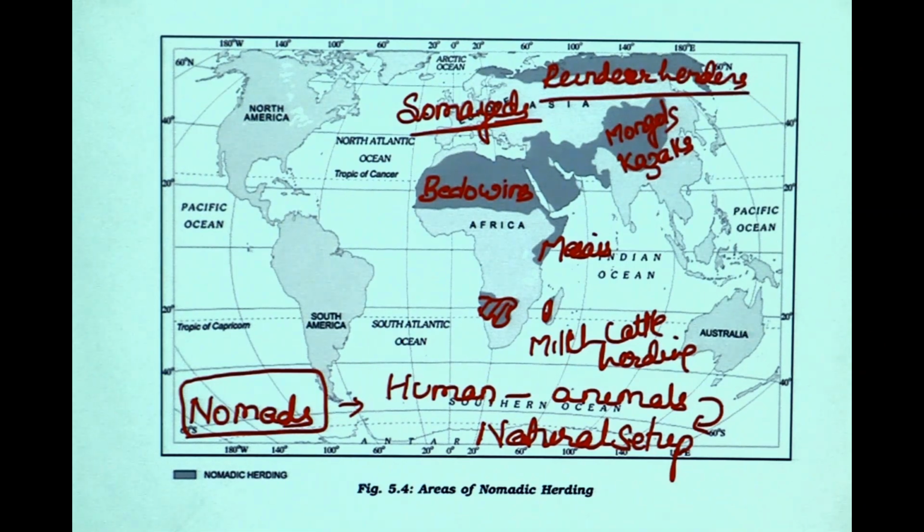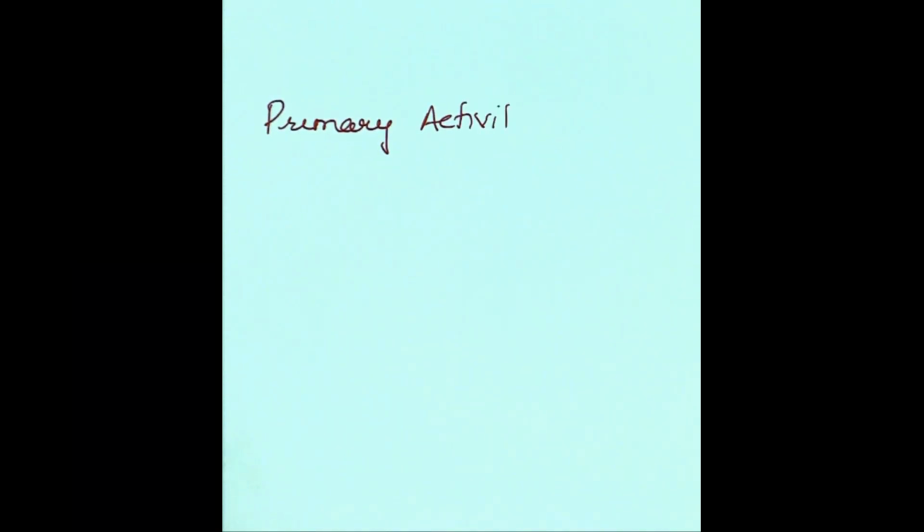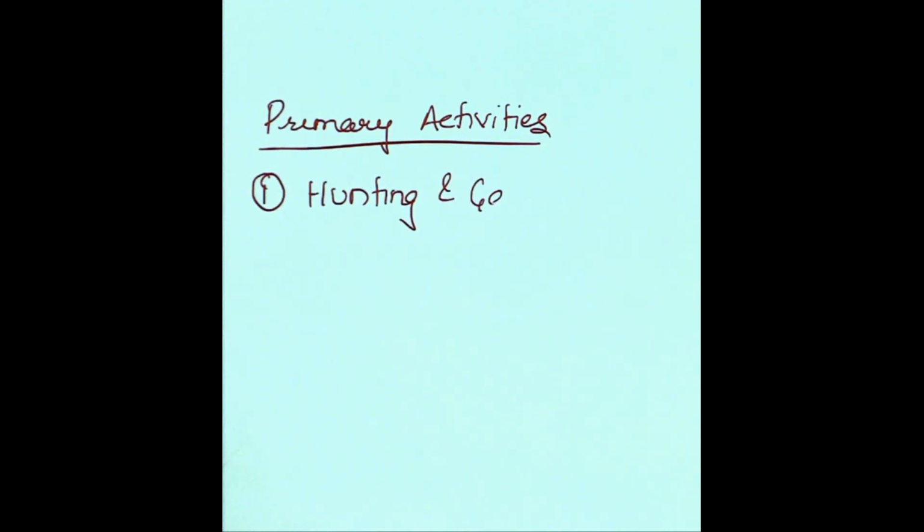Before we proceed further, primary activity in which human population is engaged includes hunting and gathering, where you are dependent either on the natural plant vegetation or you are dependent on the natural life forms precisely to hunt and exist.